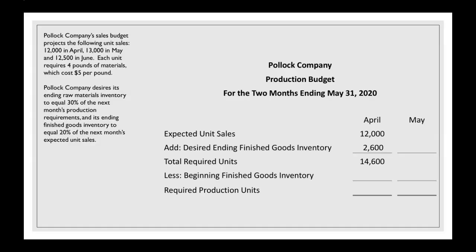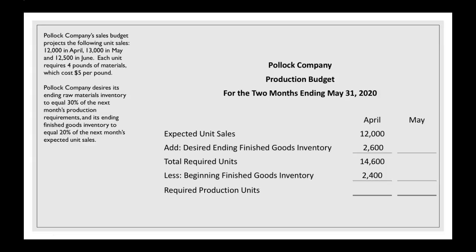We would want to end March with 20% of the next month's expected sales. Well, the next month is April, right? So we take April's expected sales times 20%. We can see that we ended March with 2,400, which means that we began April with 2,400 in our beginning finished goods inventory.